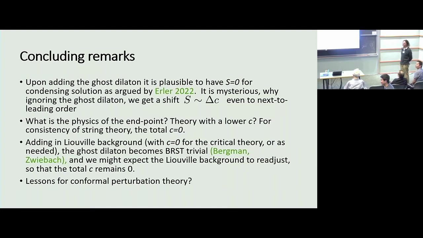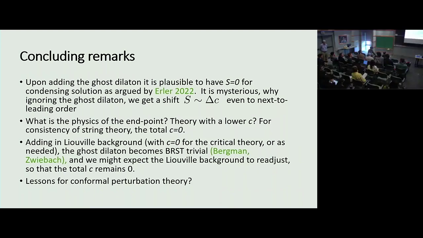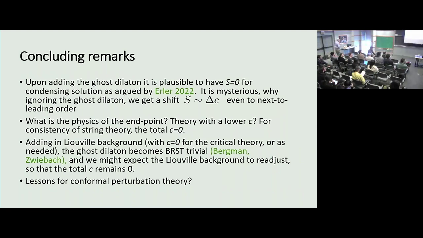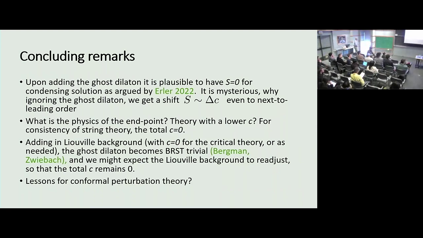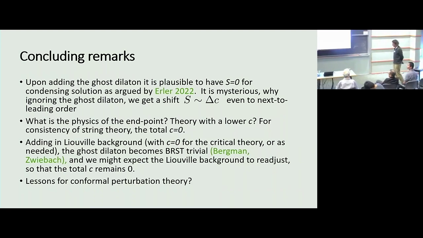Have you estimated the decay rate of the D2 brane due to the condensation of tachyons? No, not me, but there have been works on this topic, I think by Juan and Andy, in the early 2000s.